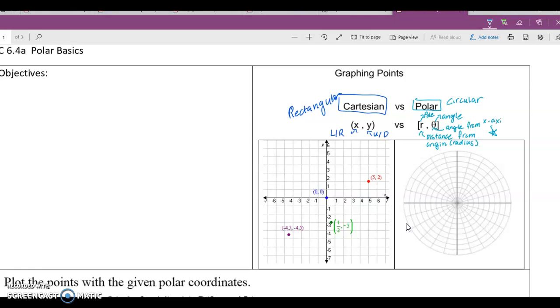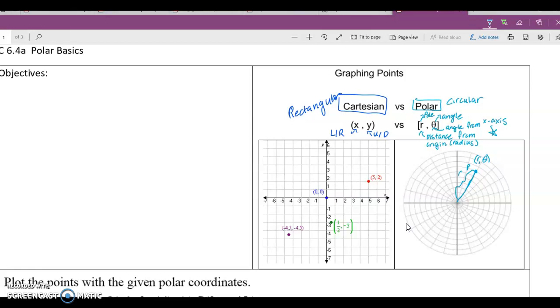Sorry, this is getting a little bit messy. So if I have a point right here, and we're going to call that point P, and we go out to point P like this. So point P is going to have a radius and an angle. So the radius is going to be the length of this line here.